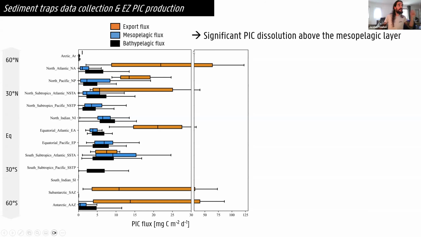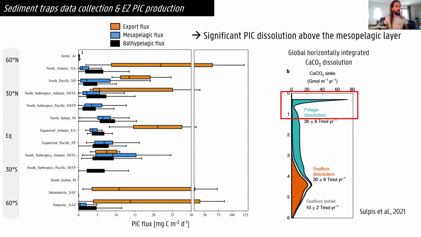So it means something interesting: that we have a big loss of PIC above the mesopelagic layer, represented by this decrease of flux. And this is supported by many studies. For example, in this paper from Olivier Sulpis from 2021, at a global and annual scale, we observe a massive pelagic dissolution in the mesopelagic layers, well above the lysocline.